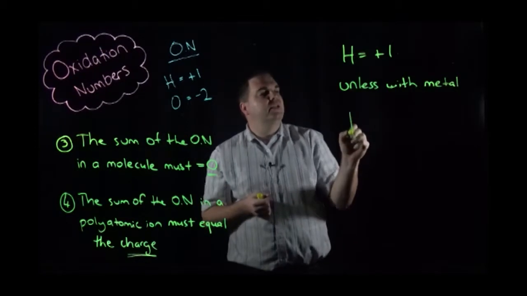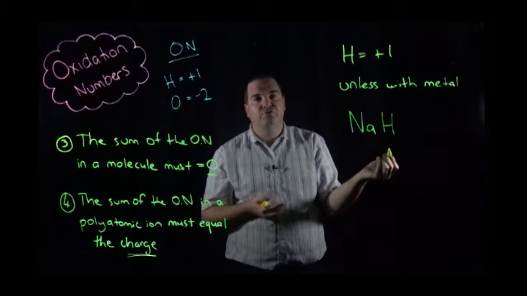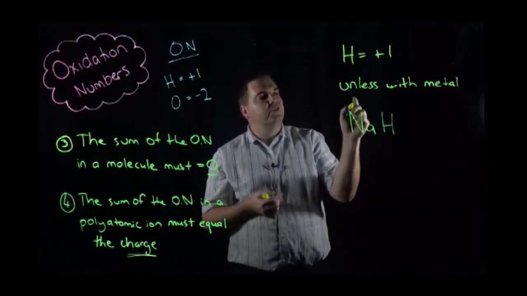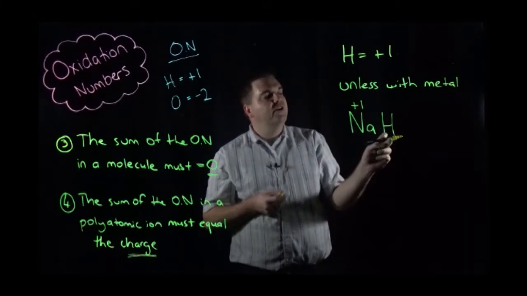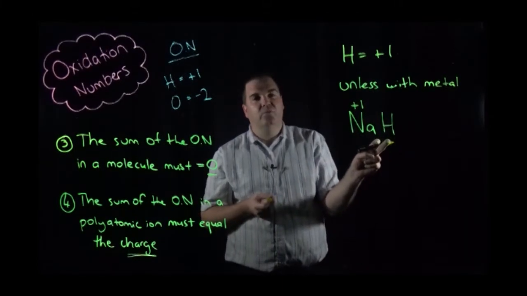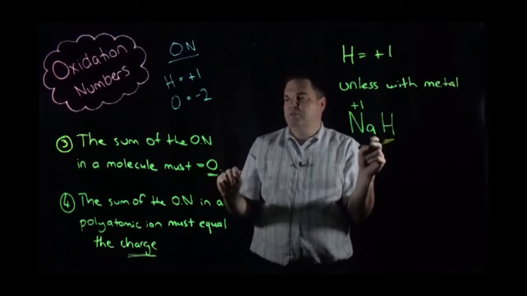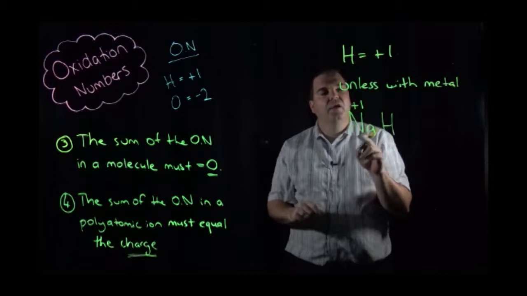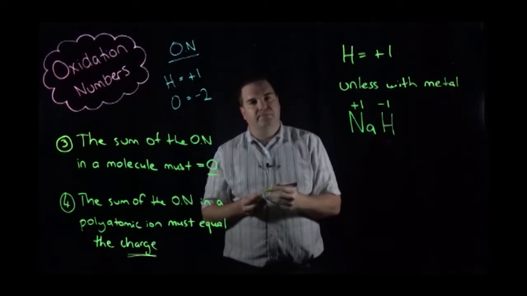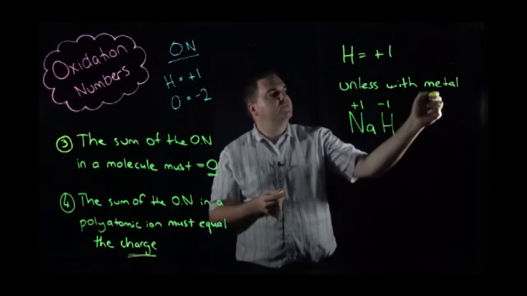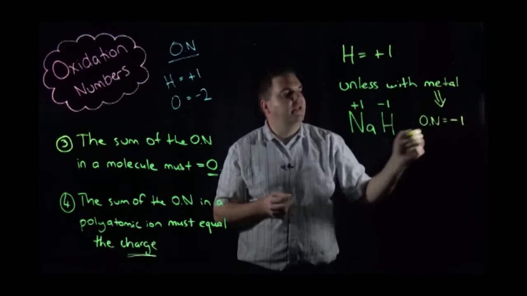If you combine, let's say, sodium with hydrogen, so you get something like sodium hydride, the sodium's going to lose an electron, it's going to have its charge of +1. The hydrogen in this case can't be +1 because that doesn't add up to our third rule here, where the sum of the oxidation numbers in the molecule must equal 0. We can't have a +1 there as well. So in that case, it needs to be a -1.